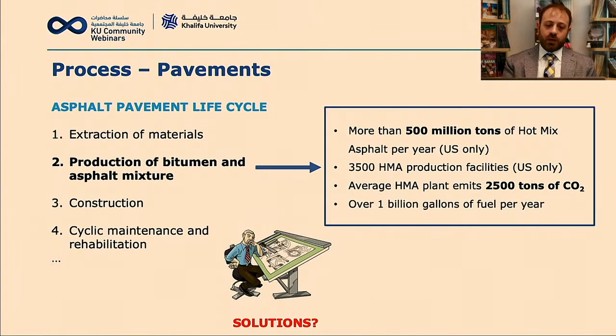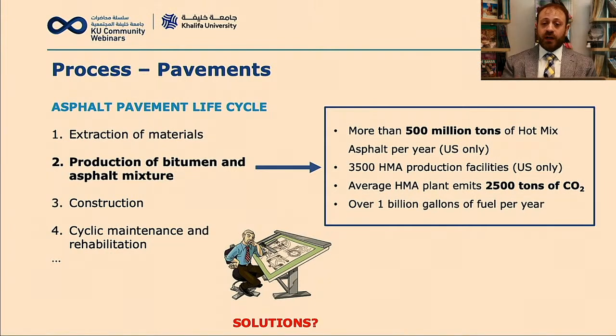for the asphalt mixture production, again US only. On average, each of these plants emits 2,500 tons of CO2. So if you do a simple multiplication between this quantity of CO2 and the number of production facilities, you can understand why the production of bitumen and the production of asphalt mixture is of interest to many researchers.